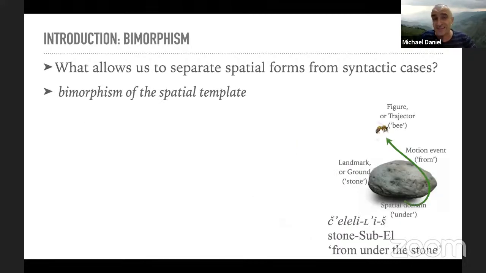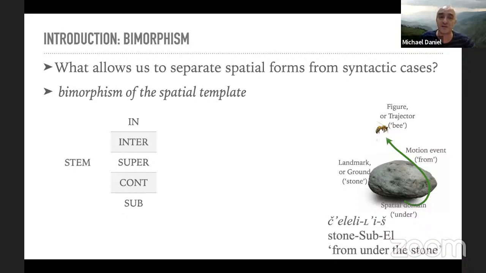Okay, but we don't see yet a galore of forms. We only see one form, from under the stone. What contributes to the abundance of these forms is the fact that the stem may be followed not by just one or two suffixes, SUB and something else, but a full range of suffixes corresponding to different spatial configurations.